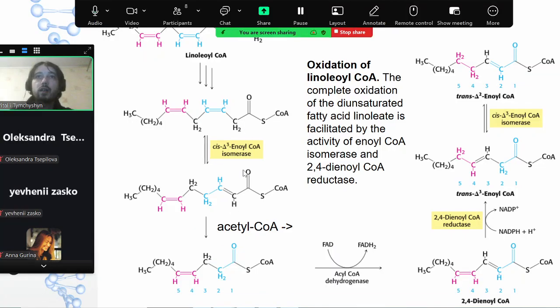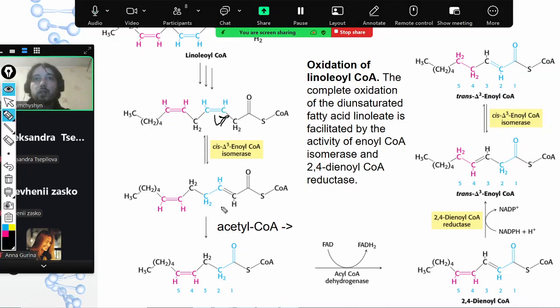So once again, cis-3-enoyl-CoA isomerase moved these double bonds to here. So here we have a new double bond. One acetyl-CoA can be removed, then acyl-CoA, and then that goes through the pathway recreating the double bond here.